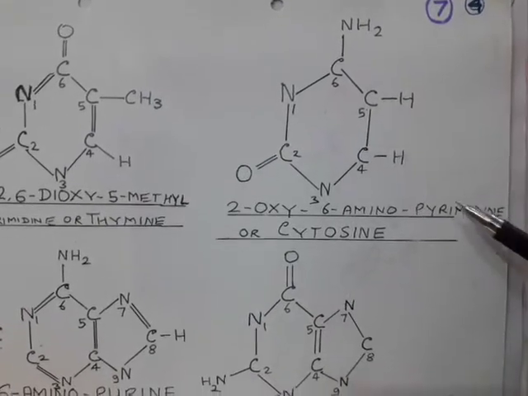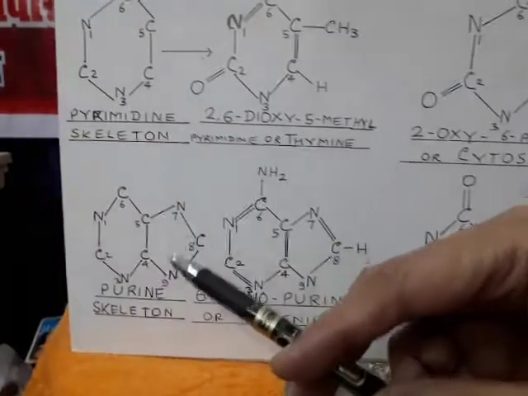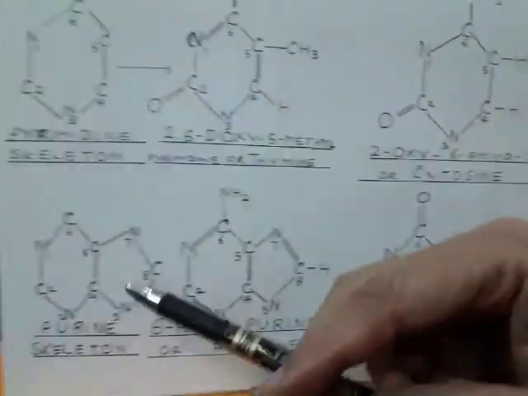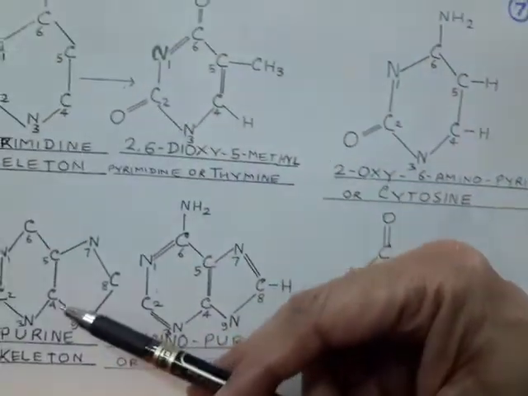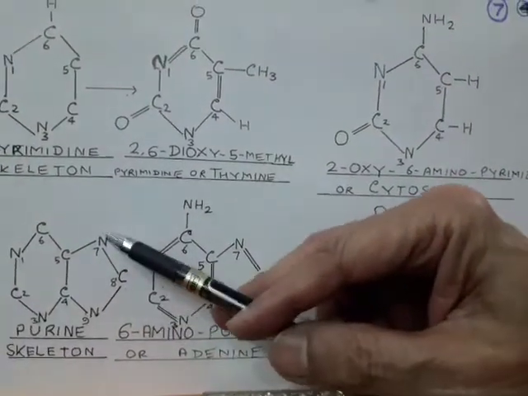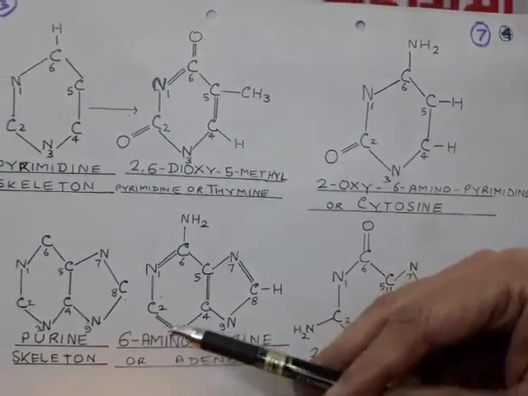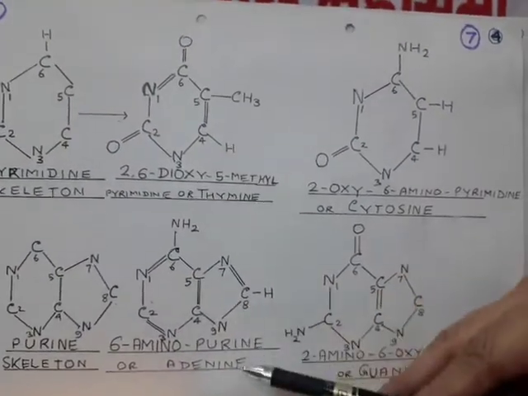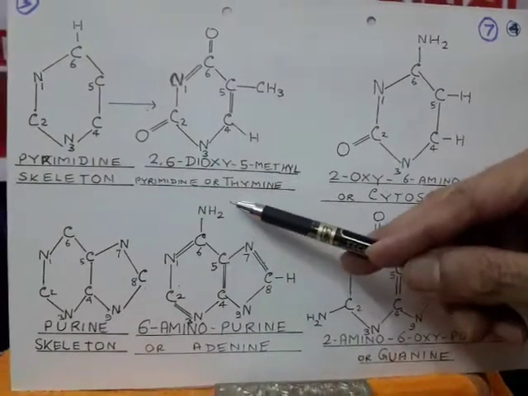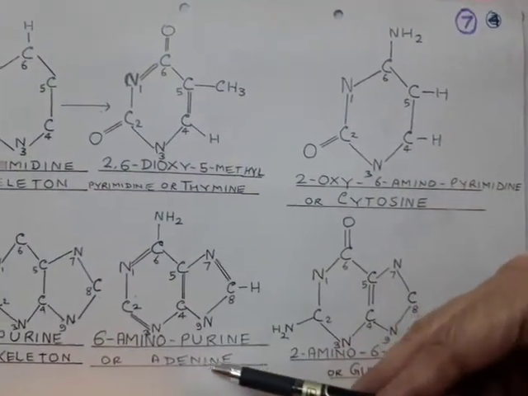6-amino pyrimidine, or cytosine. Similarly, there is a purine skeleton in which, along with this 6-carbon ring, there is a 5-carbon imidazole ring having 2 nitrogen atoms at positions 7 and 9. There are two types of purines. One, 6-aminopurine, where an amino group is attached to carbon number 6, so it is called 6-aminopurine, or adenine.